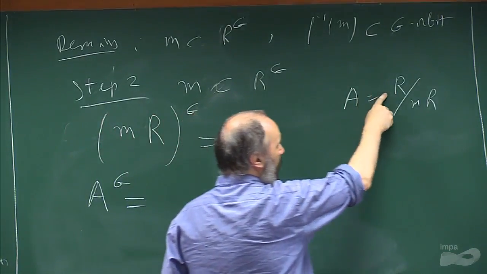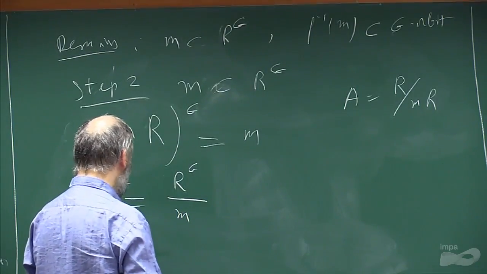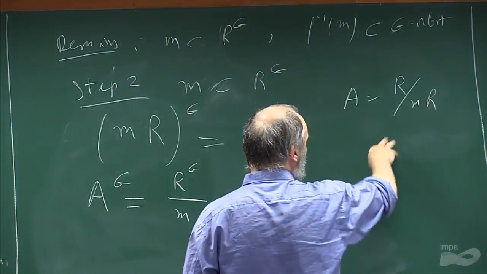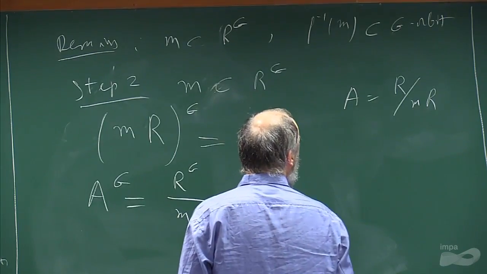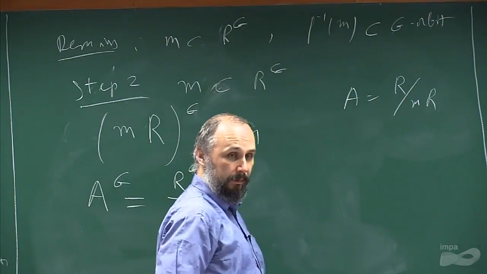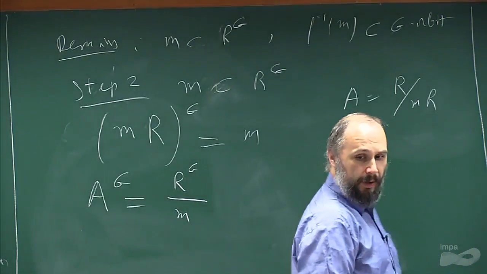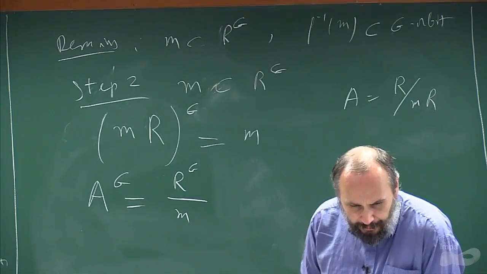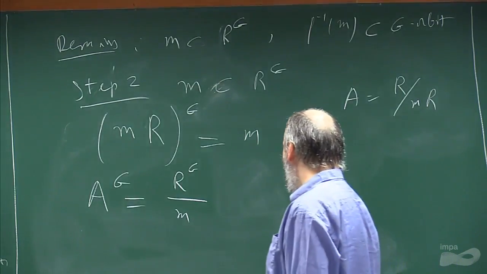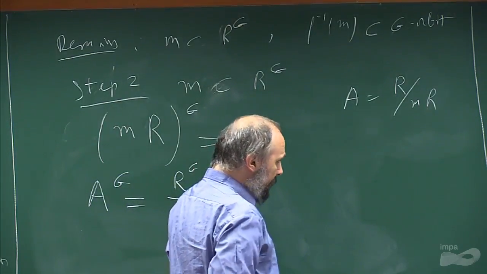I just apply invariants here, and I obtain that it's RG quotient by M. But generally, it's a certain ring, and this is not a maximal ideal anymore. Anyway, so we have this.